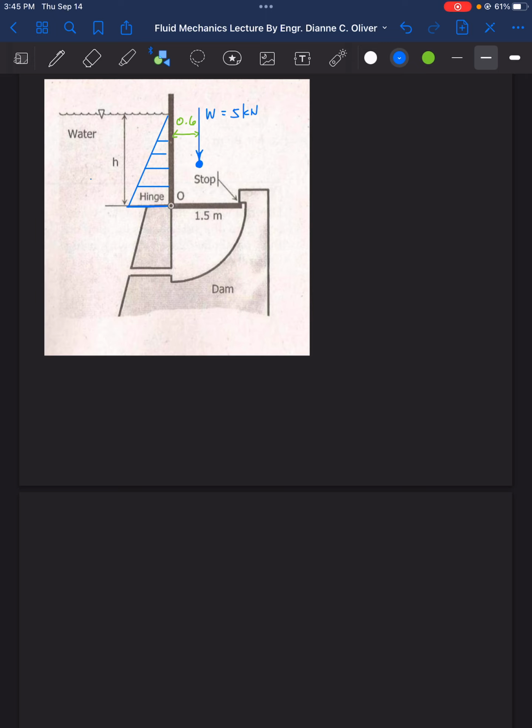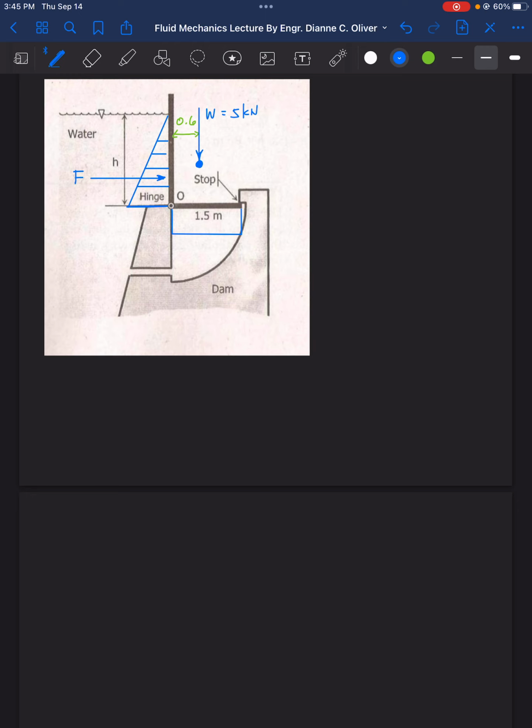This is force F. Whereas for the uplift force here at the bottom, our representation for the pressure of water is uniformly distributed.